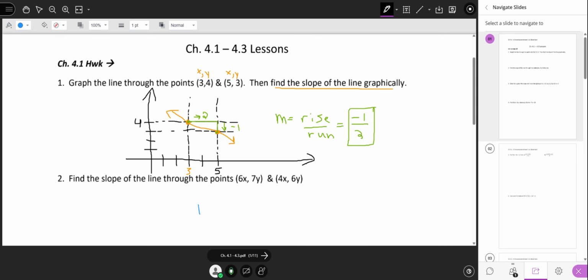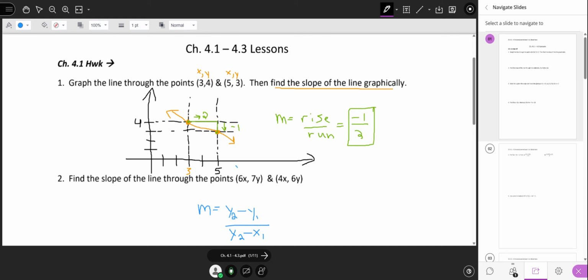So m equals y2 minus y1 over x2 minus x1. Rise is your y direction. Run is your x direction.